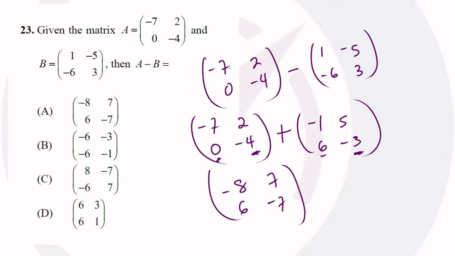Or you could have easily just said negative 7 minus 1 would give us negative 8, and 2 minus negative 5 gives us positive 7. So any way you want to do it is the same thing. So the answer that matches would be A. So our correct answer is going to be A.